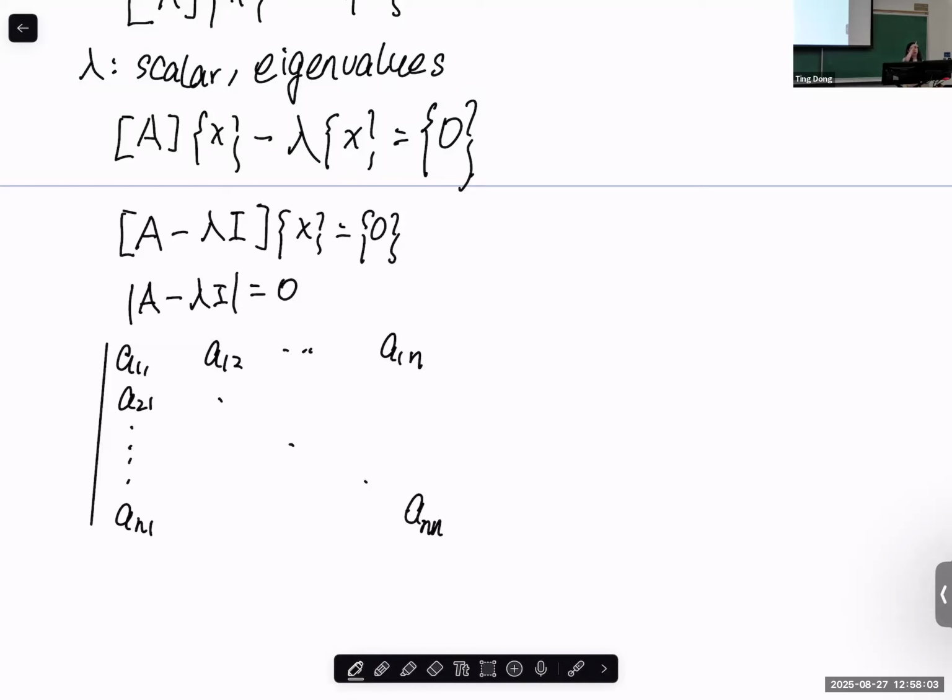Identity matrix means that all the diagonal terms are 1, and all the off diagonal terms are 0. So minus this lambda times I is basically a11 minus lambda, a22 minus lambda, and so on. So we need to make sure that this one is equal to 0.